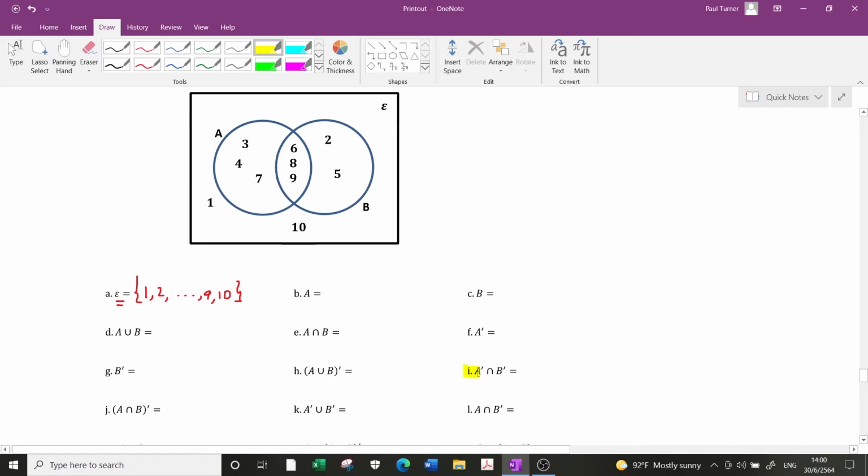How about this one? Not A intersecting not B. Let's color in not A. Not A is here. Okay, where does that intersect not B? Color in not B. So where do they intersect?